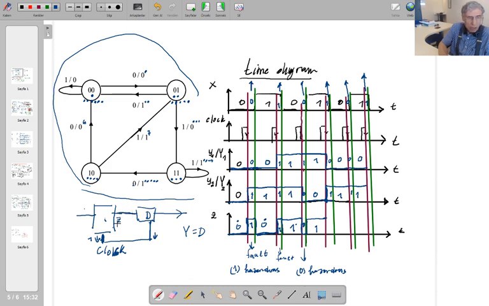Z came after the first edge. So when you apply the second edge, that is the first one, that's the second one, in this time this Z value is going to be transferred to here.